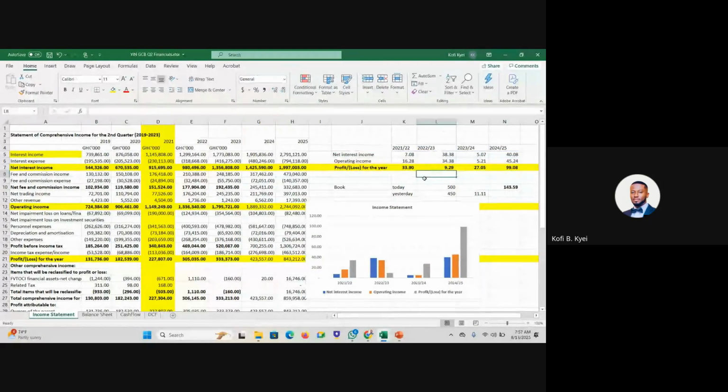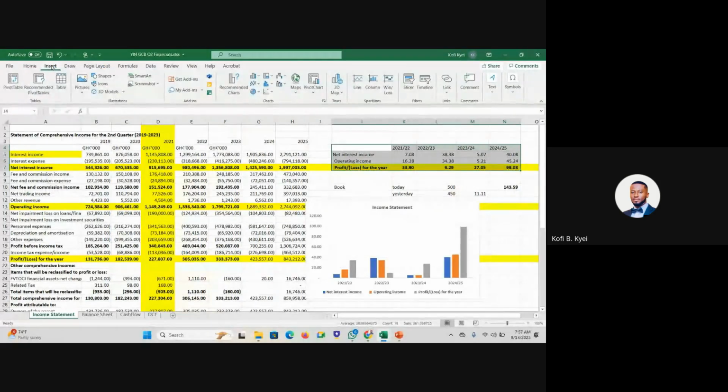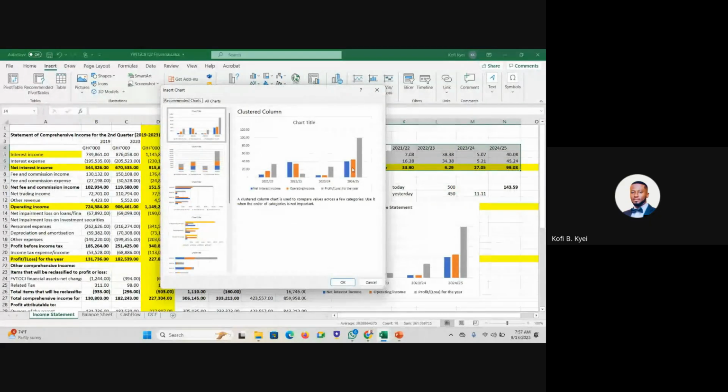So after that, let me remove this sheet. Okay, let me just keep it. Then you go to insert, then choose recommended charts, and you select any of the charts that you think will apply. Then you click on OK.